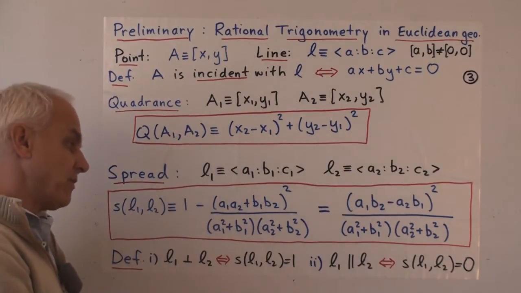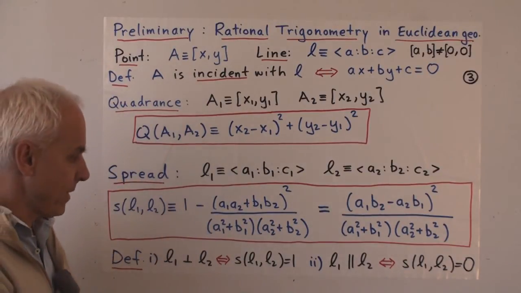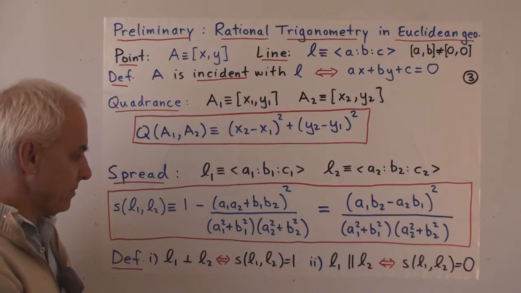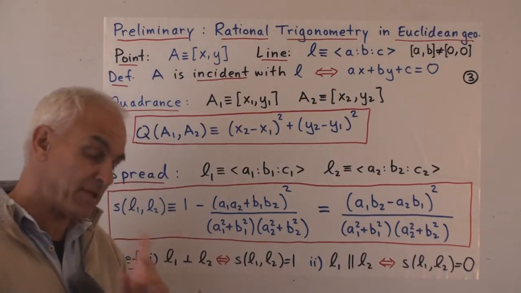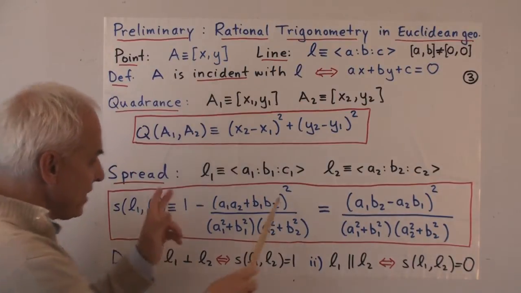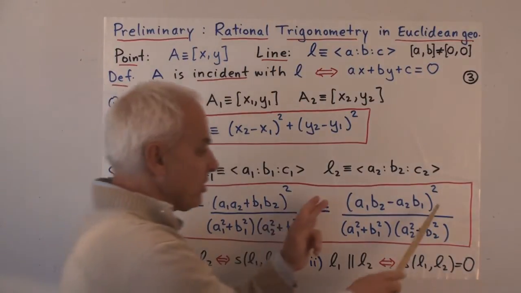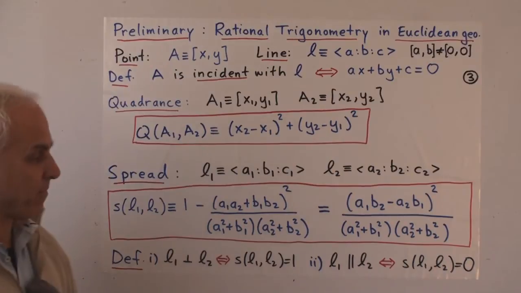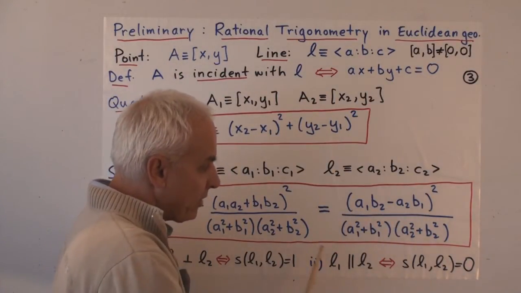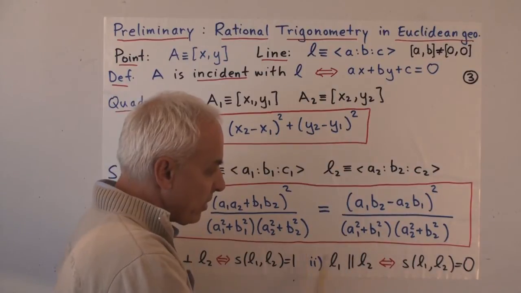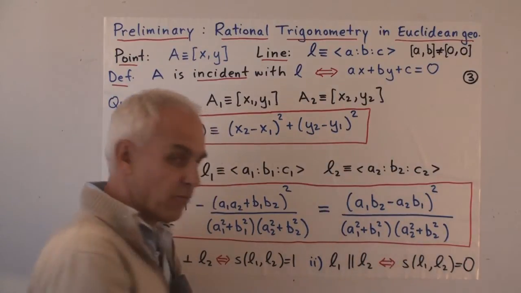And then it turns out, very pleasantly, by an equality that goes back to Fibonacci, or perhaps even to Diophantus, this in fact can be written more compactly in this form as (a1 b2 minus a2 b1) all squared divided by (a1 squared plus b1 squared) times (a2 squared plus b2 squared).